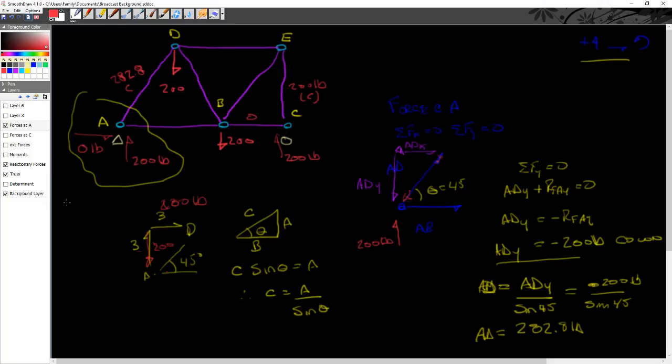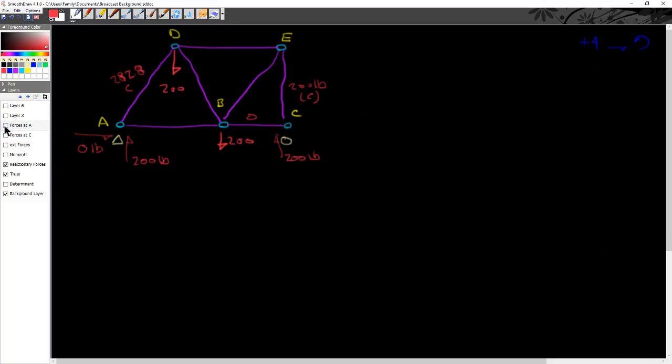So let me go through and do this the mathy way, a little bit more mathematically complete. Here's my point A, and I've got this force coming in compression, AD, which is 282.8, and a resultant force here, 200.